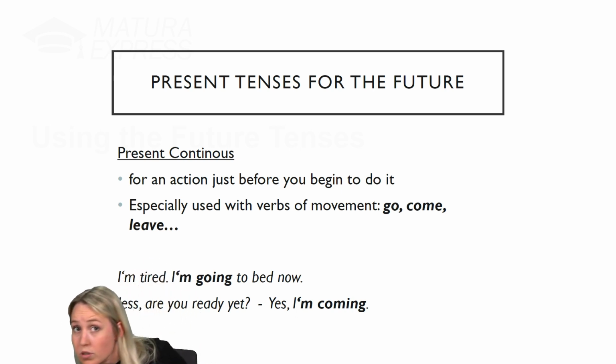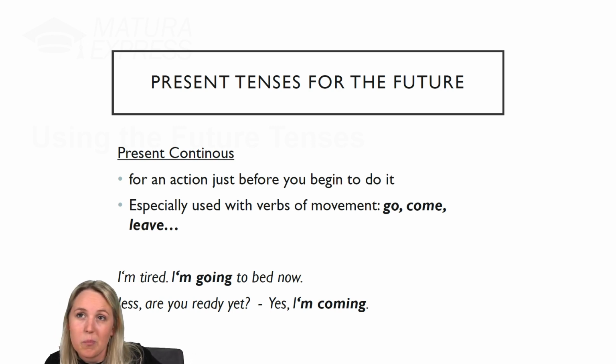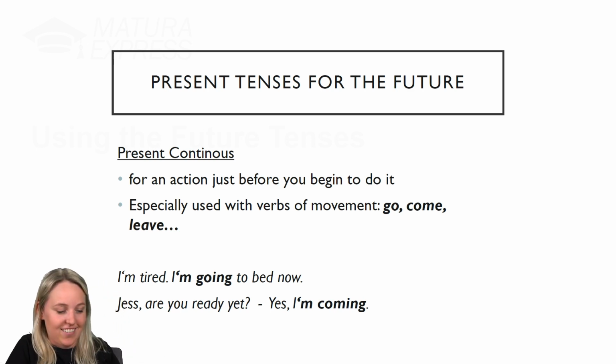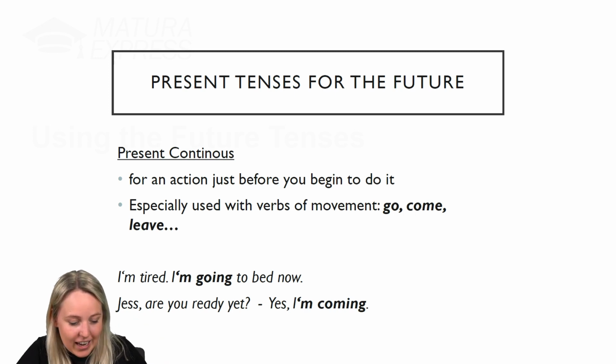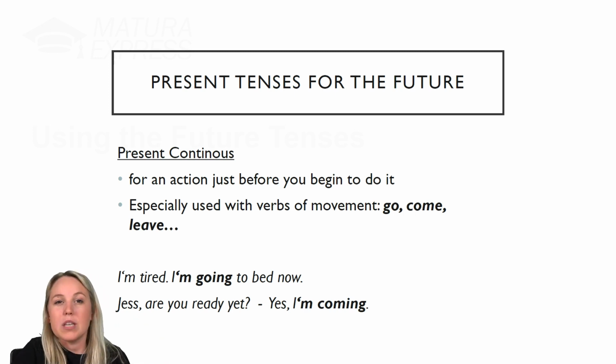You also use the present continuous. So you can also use the present continuous for an action just before you begin to do it. Most of the time it's with verbs of movement, for example, go, come, leave, etc. So I'm tired, I'm going to bed now.